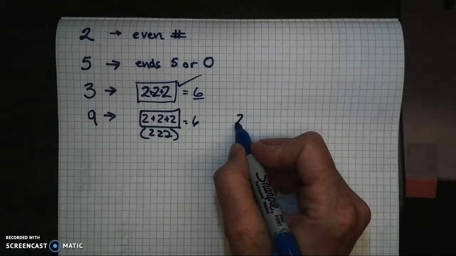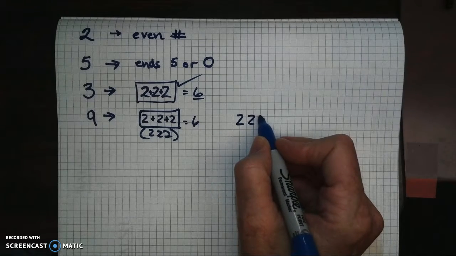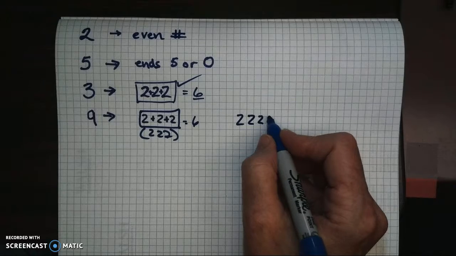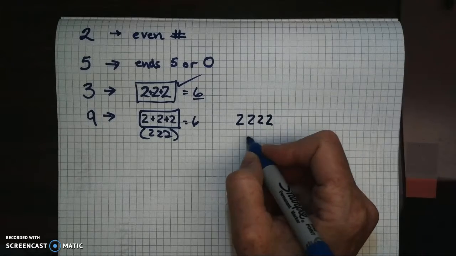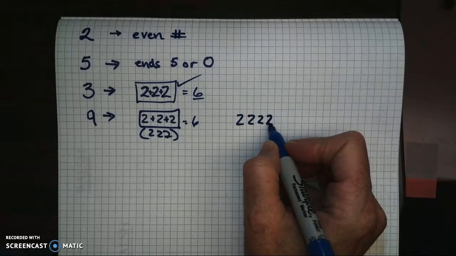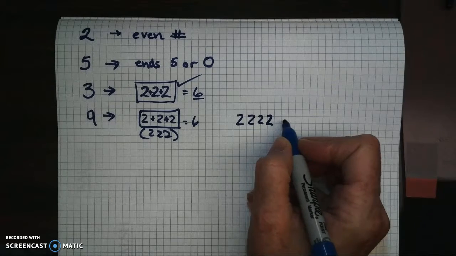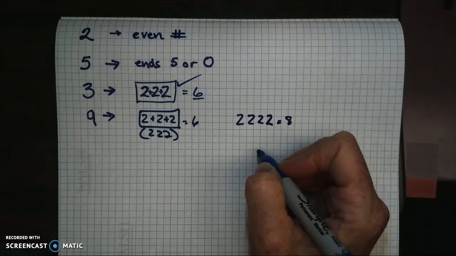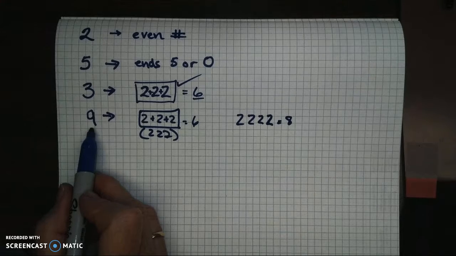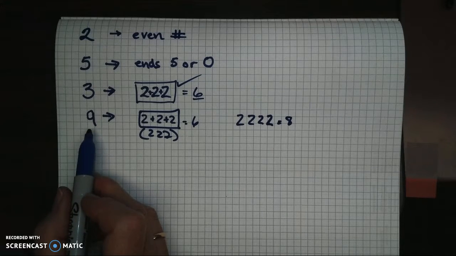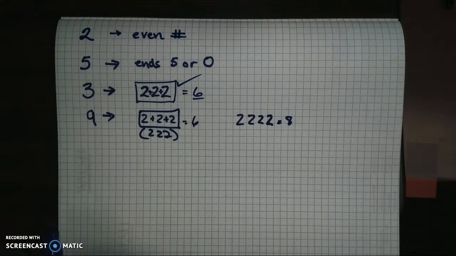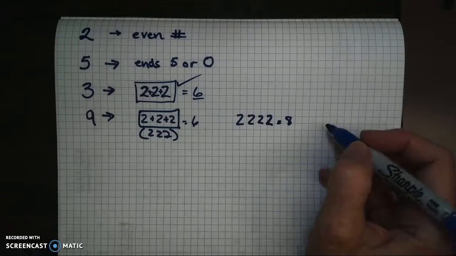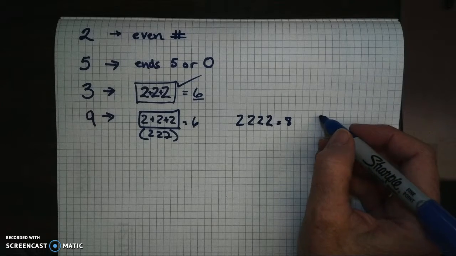What if I did this? 2,222. 2 plus 2 plus 2 plus 2. That equals 8. Is that divisible by 9? No. Let me think of a number that is divisible by 9 that you wouldn't know just by looking at it.